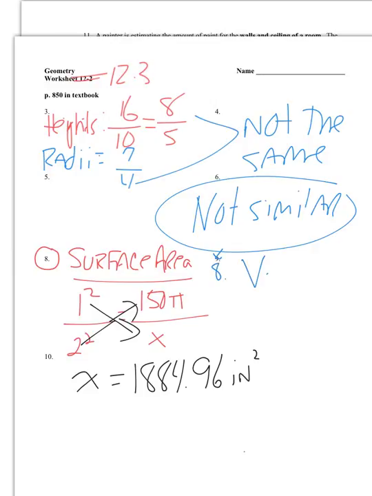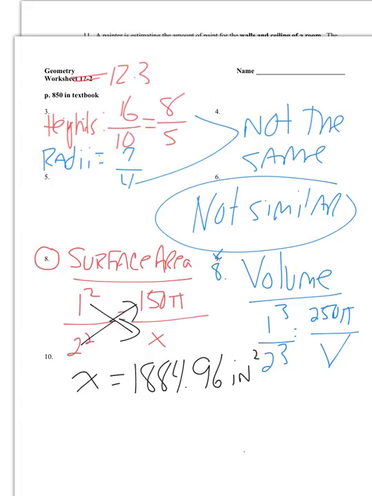This will be 1 cubed over 2 cubed equals 250 pi over V. Again, cross multiply, this way and that way, and we get a final V equals 6283.19 inches cubed.